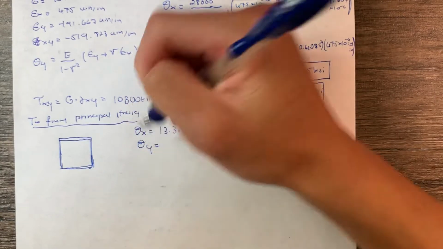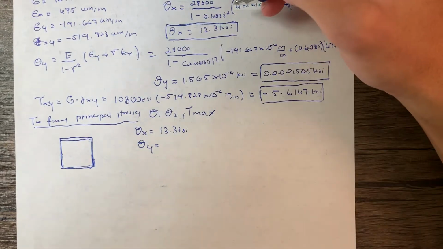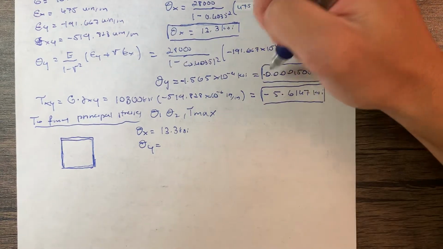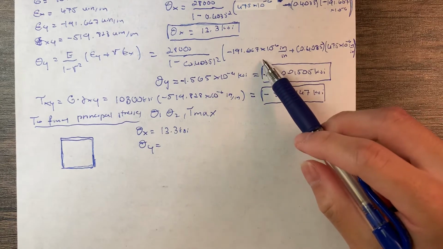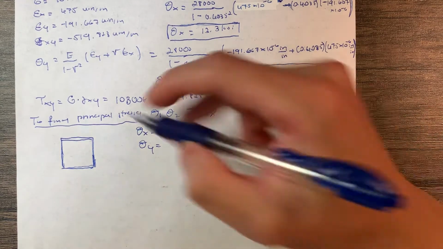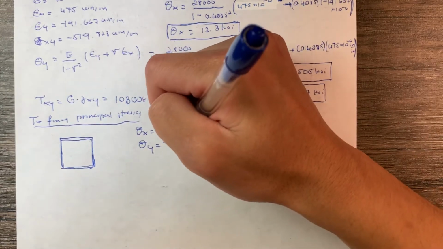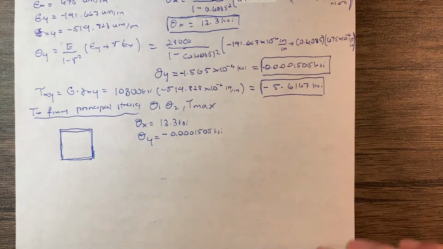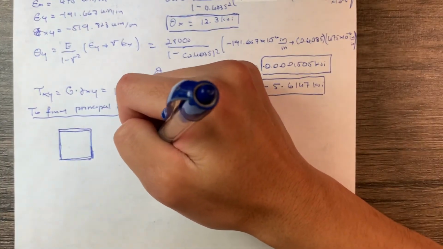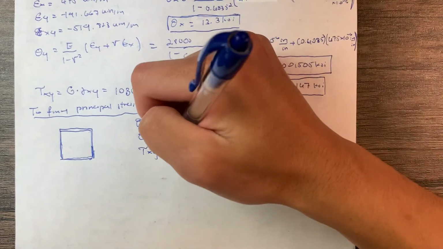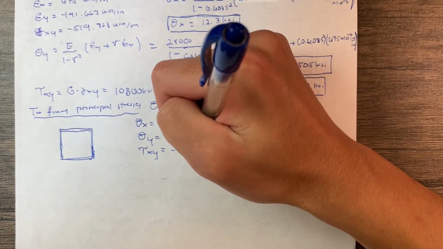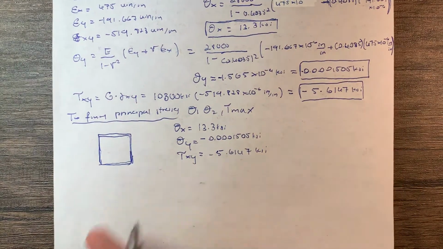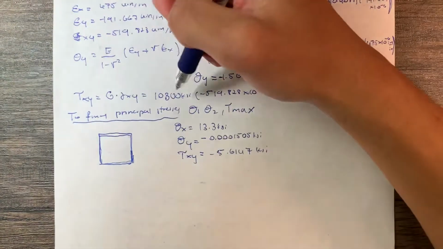The stress in the y direction is supposed to be negative, negative 0.0001505 KSI, very small. And the shear stress is negative 5.6147 KSI.